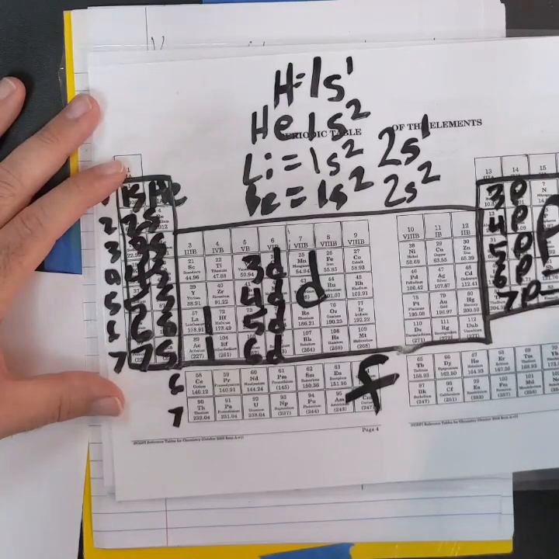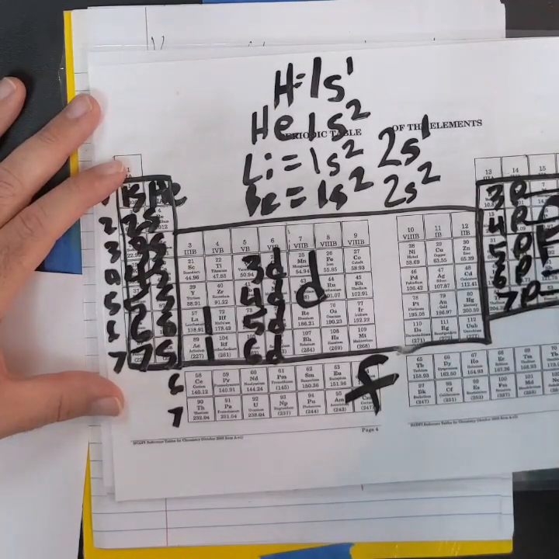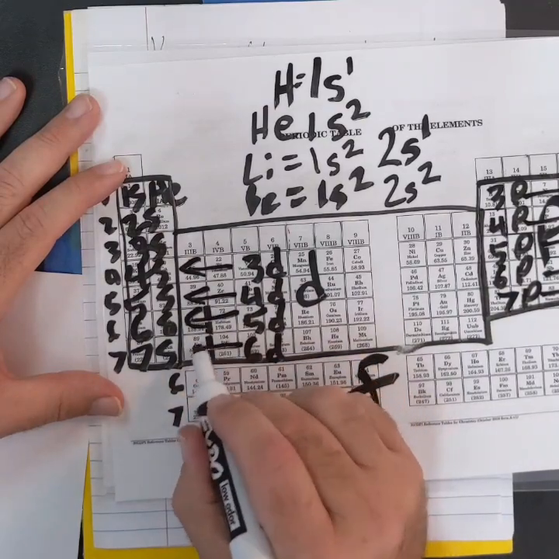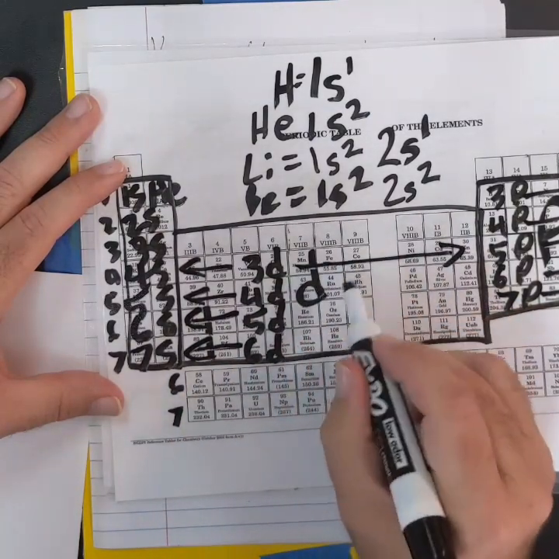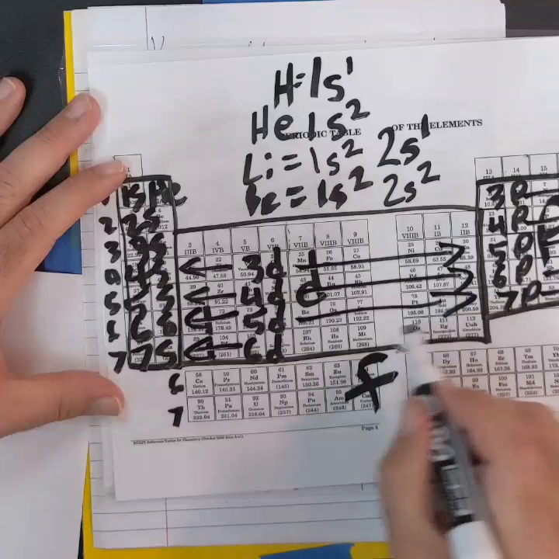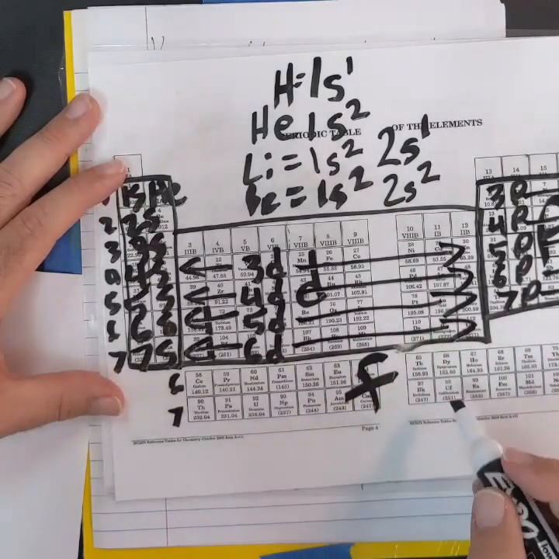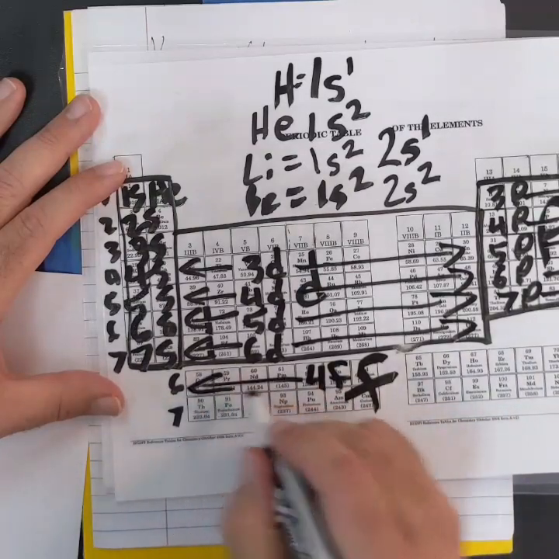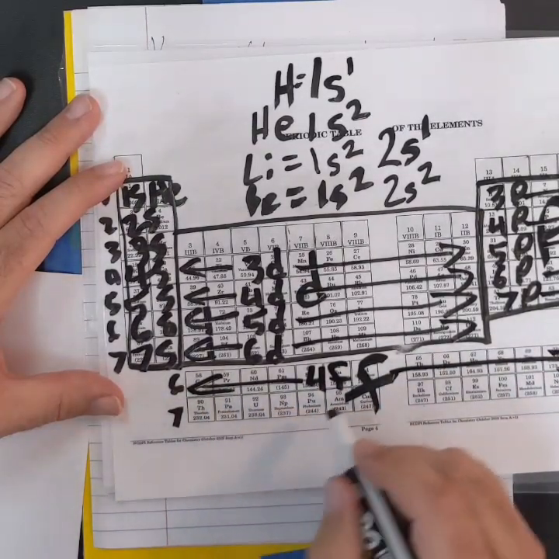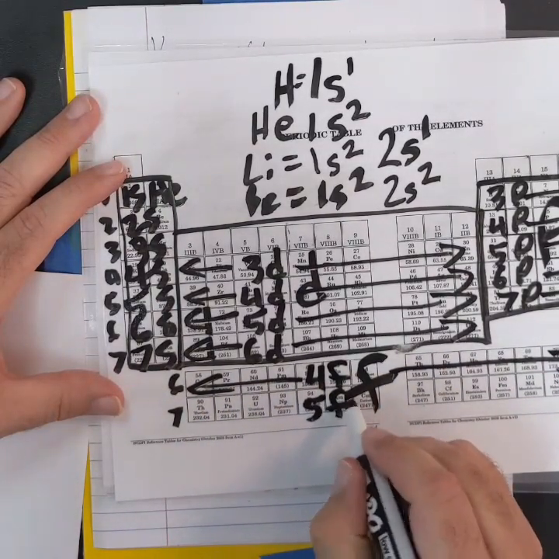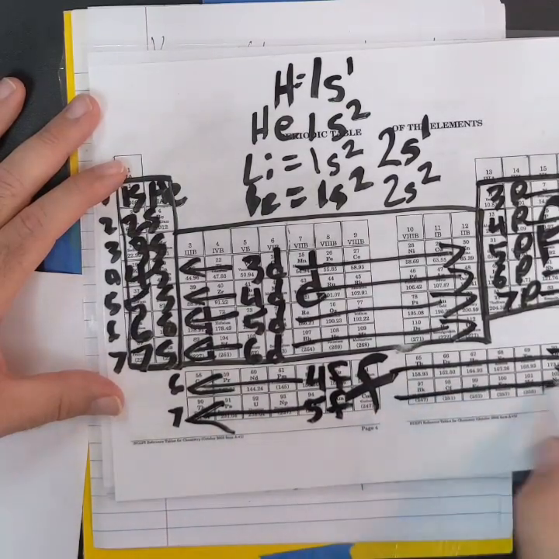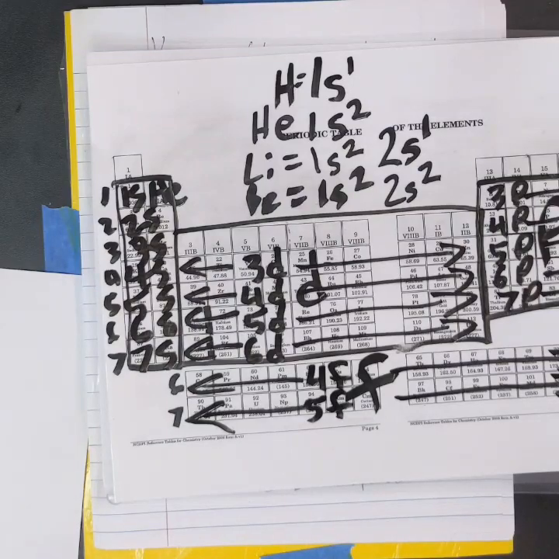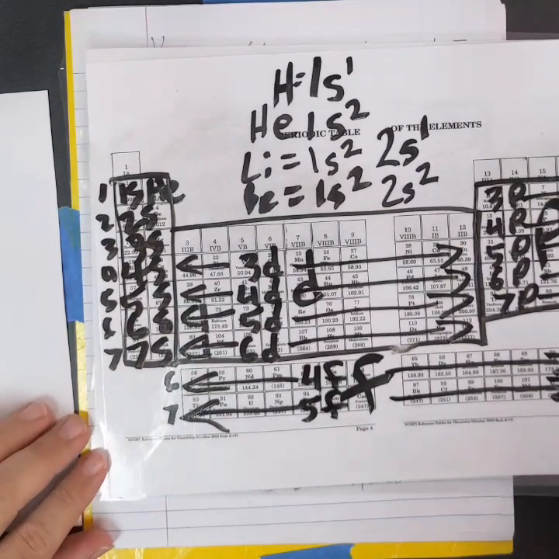Okay? Down here in the F, you have 4f, and you have 5f. Okay? So I hope this helps.